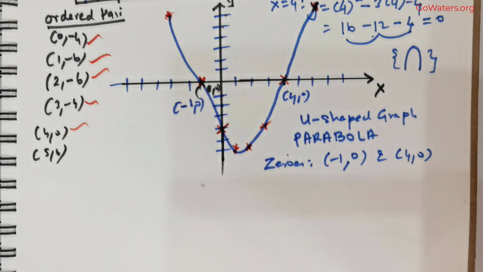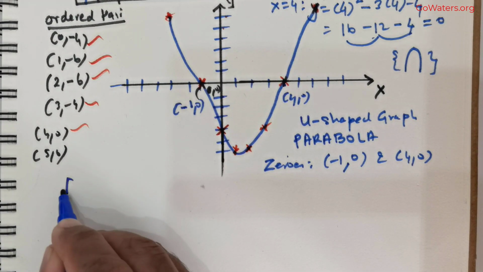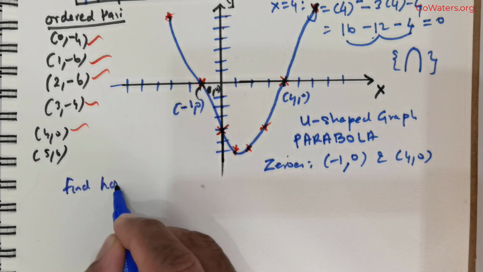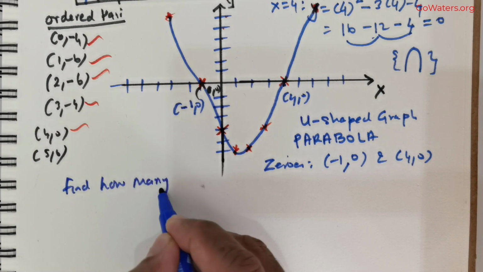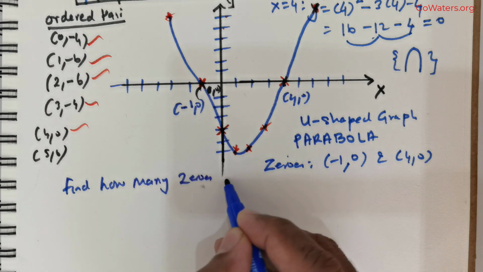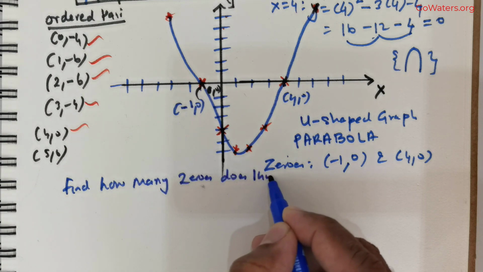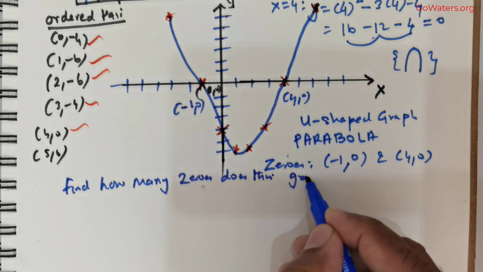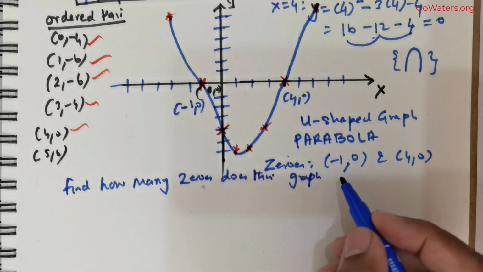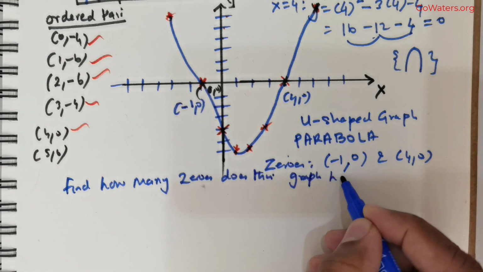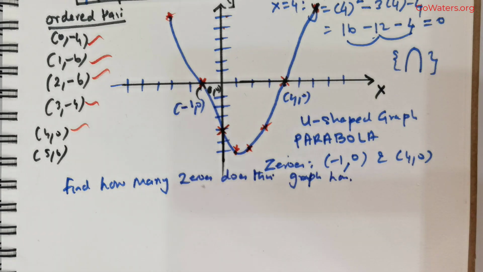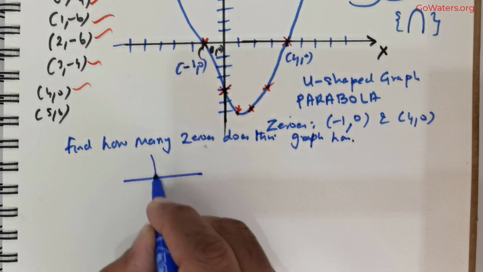Now let me ask you this question. Find how many zeros this graph has. So I have a graph like this.